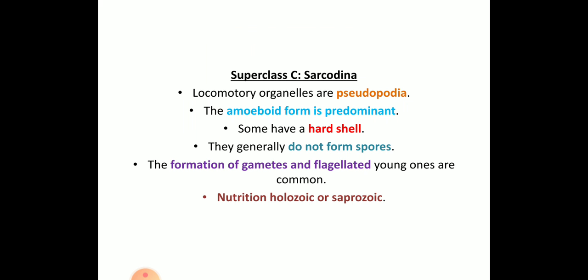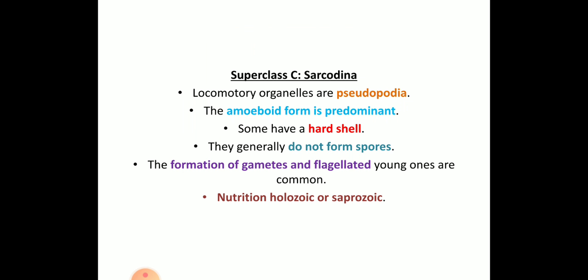And the one more superclass, that is Sarcodina. Locomotory organelles are pseudopodia, and you know the example, that is amoeba, and they are having the hard shell. So usually the hard shell will be present and they generally do not form spores. And the formation of gametes and flagellated body, the young ones are common.